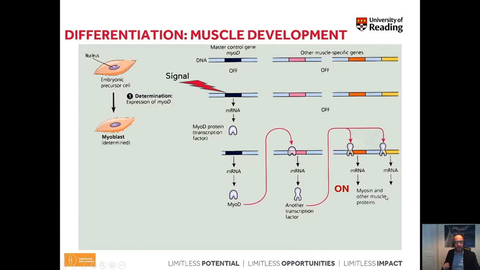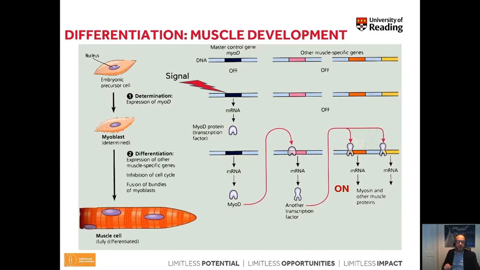So we have a tightly controlled signal transduction cascade which is in charge of differentiation of the cell. Once those tissue-specific or muscle-specific genes are on, we have differentiation of the cells into fully functional muscle cells.